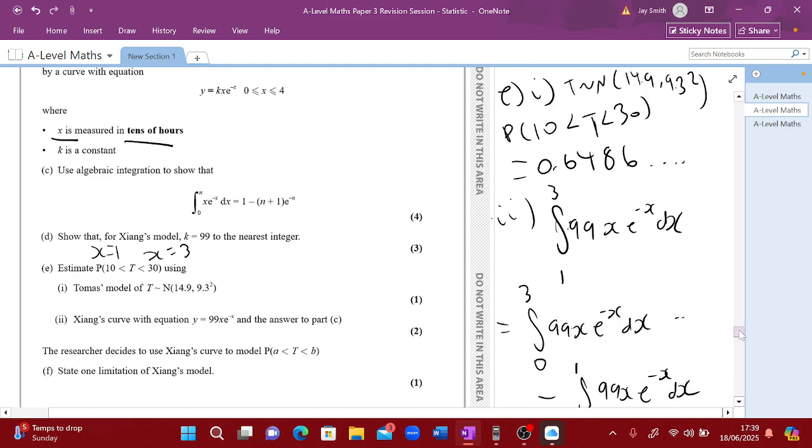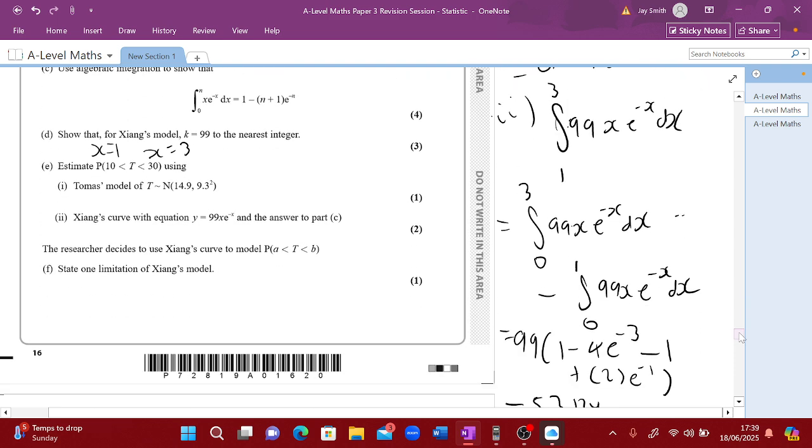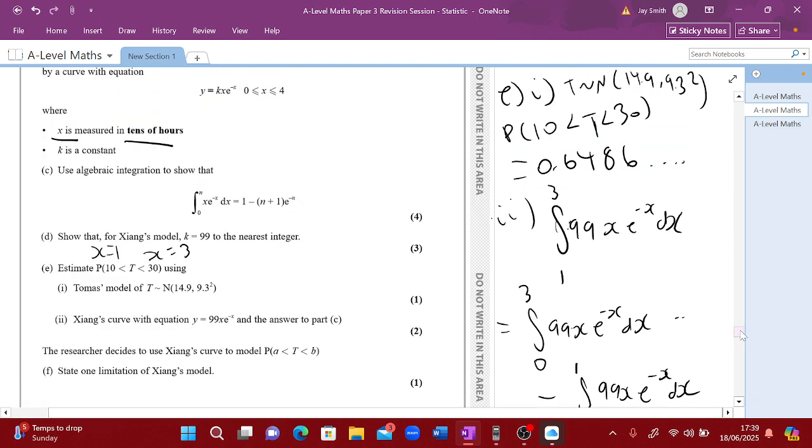Okay, final question. The researcher decides to use Chang's model to model probability between A, T, and B. State one limitation. What I notice is A and B are not specified. It just says A and B. Well, actually, the limitations usually consider the larger values of the model, so larger values of t in this instance.